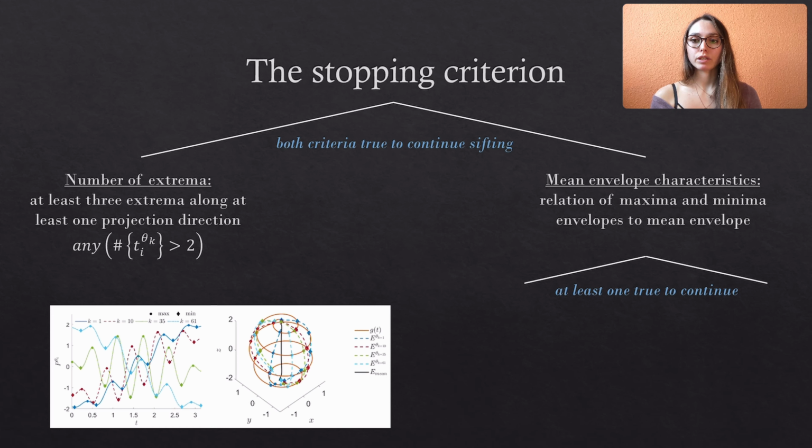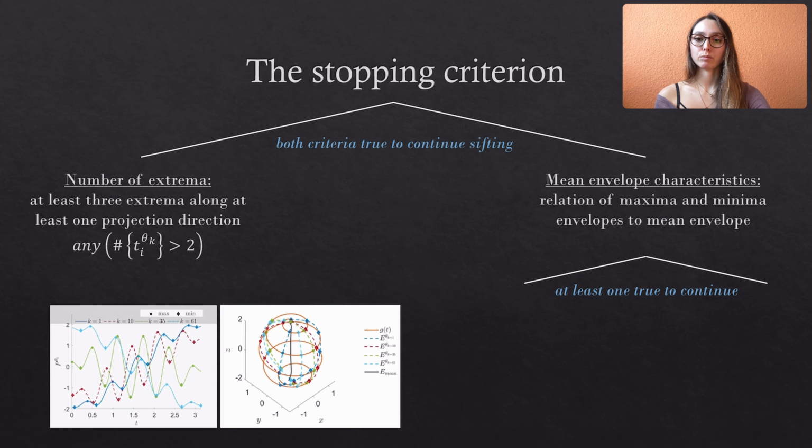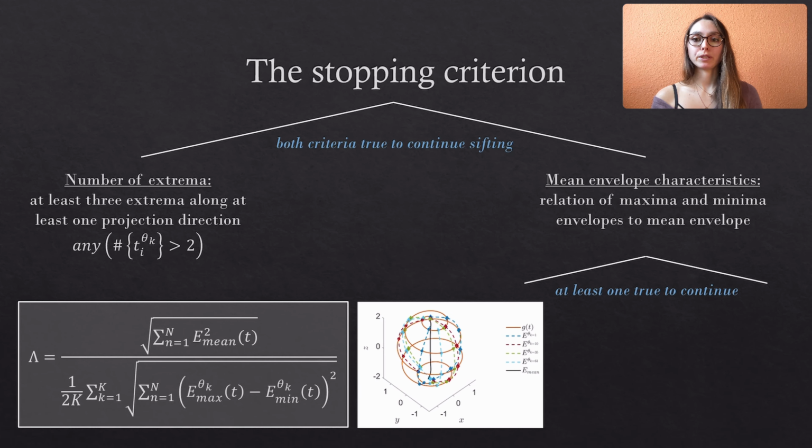To understand what these subcriteria are looking at, we first need to understand this expression, which we call lambda. The numerator is the root sum of squares level of the mean envelope. This means that we first square all values of the mean envelope, then we sum over all variates capital N, and lastly we take the square root from this sum.